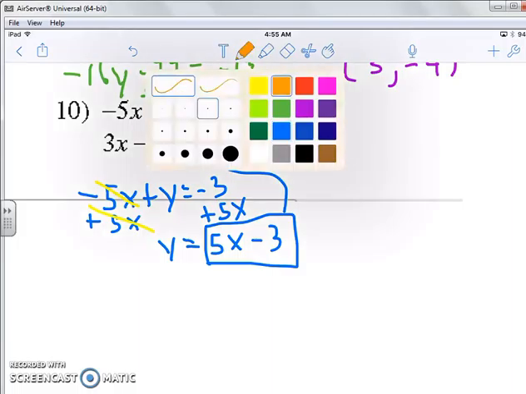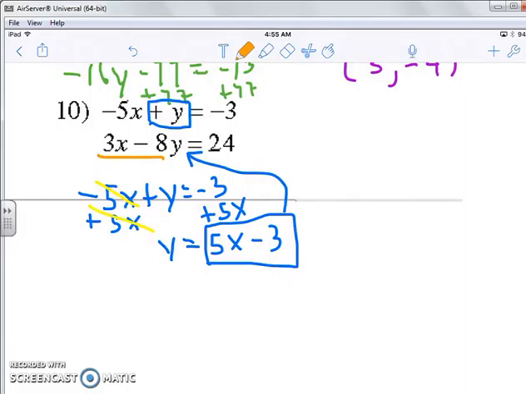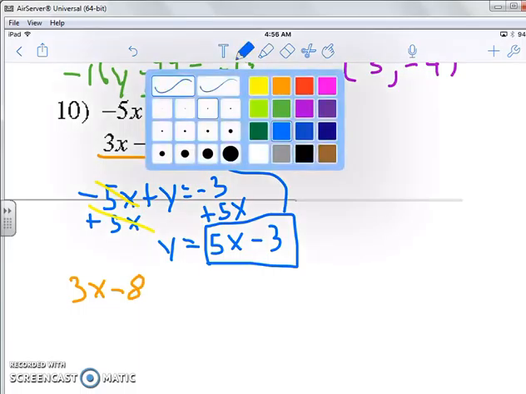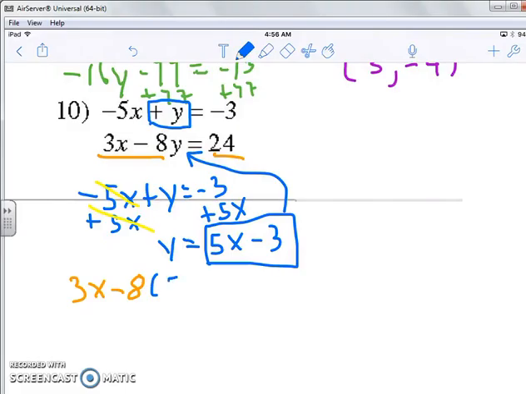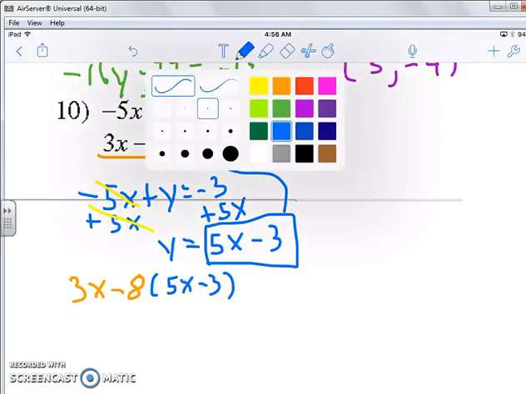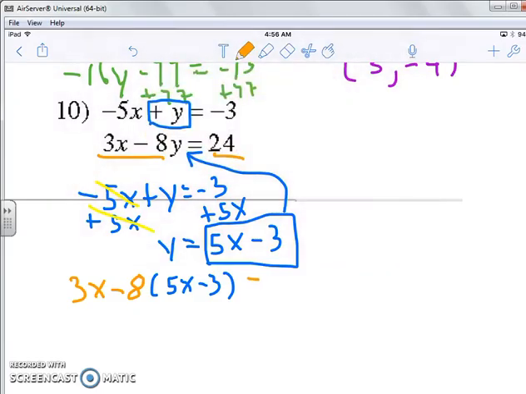So using the second equation, using everything but the y, I'm going to say 3x minus 8, but instead of y, I'm going to put the 5x minus 3. And this will equal 24.